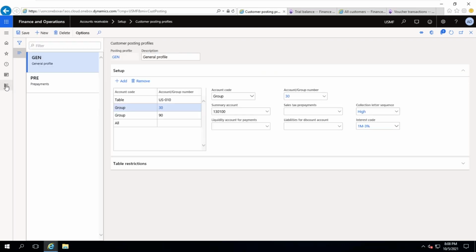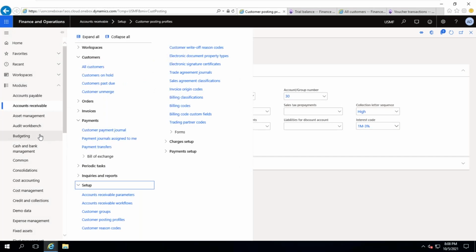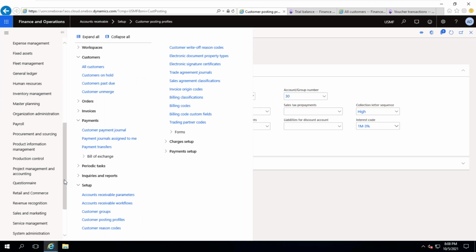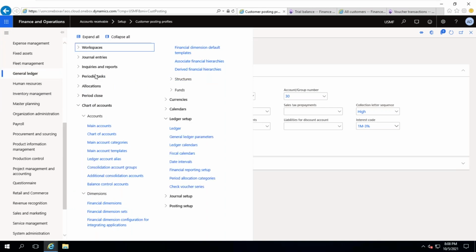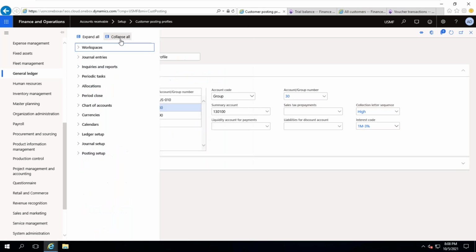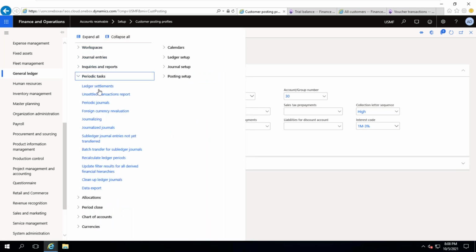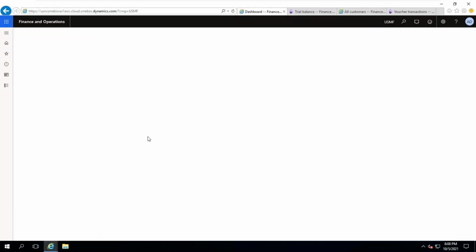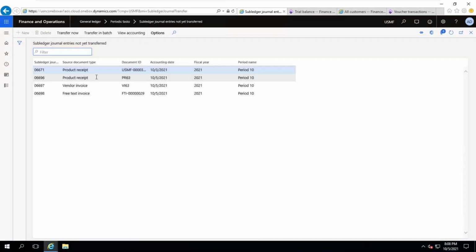Because the subledger journal entry is not yet transferred, the batch job stopped. I have explained earlier, the batch job is not running. So in that case you need to go to periodic tasks. Subledger journal entry is not yet transferred. It will be lying here. Now let me post this one, free text invoice, transfer now.